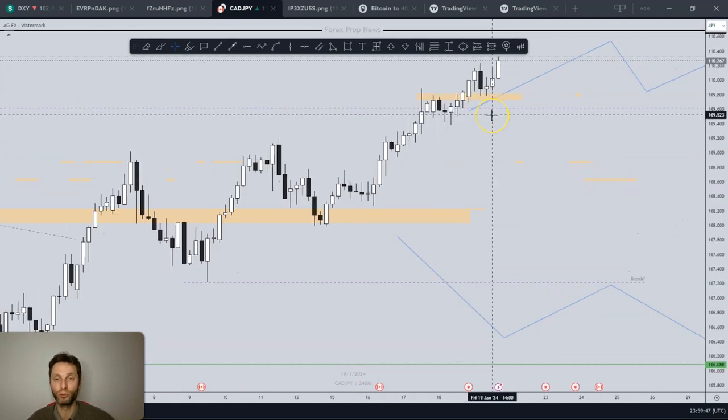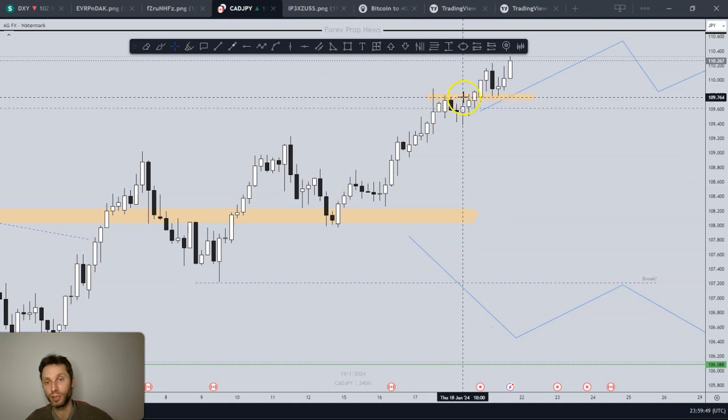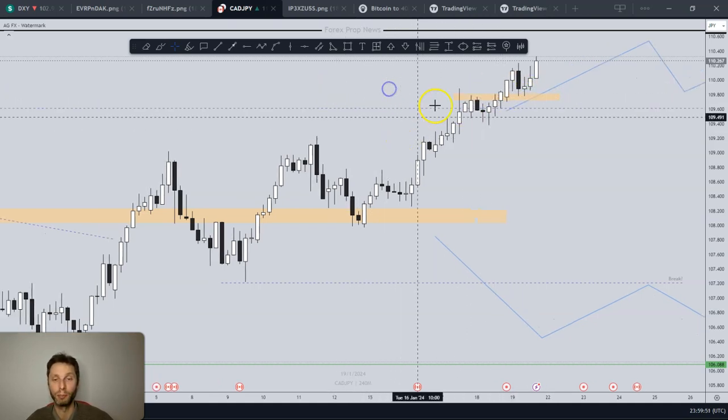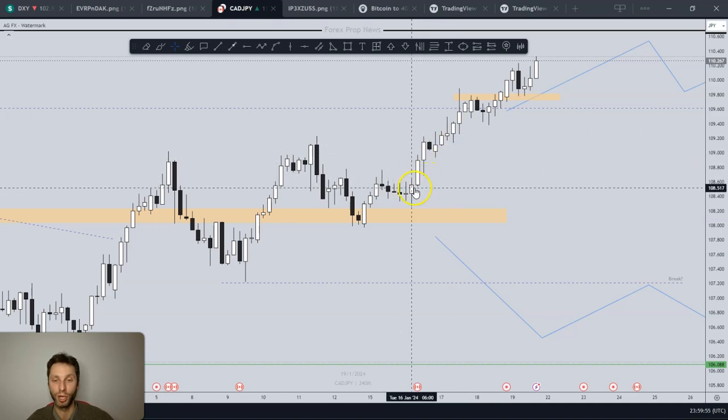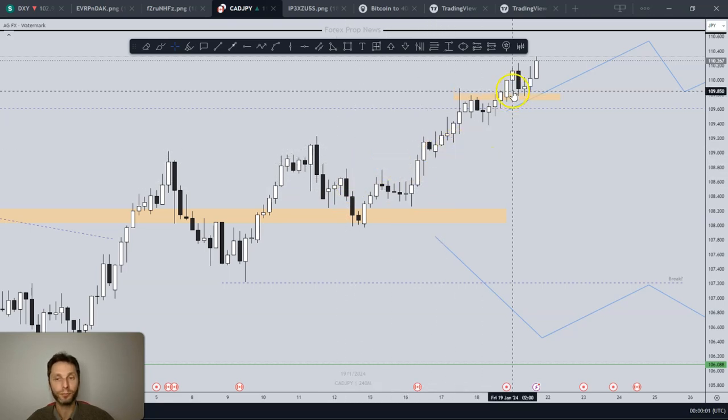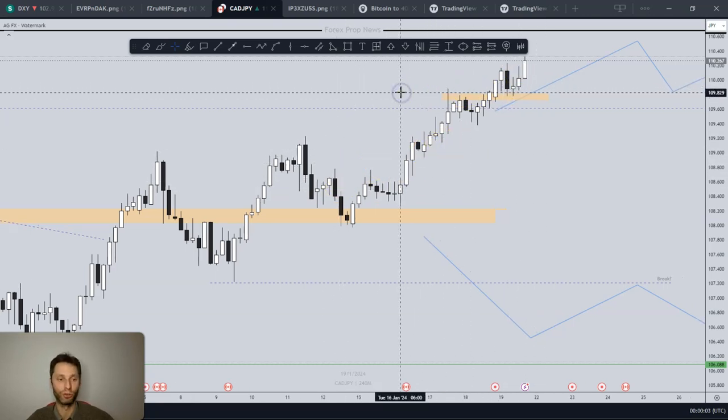So difficult to read, and yes, the market is going away without us right at the end of the week on Friday, but you really want to catch the market when it's at its low. So if you were thinking of entering here, that would have been better on Tuesday, Wednesday, but not right at the end of the week.